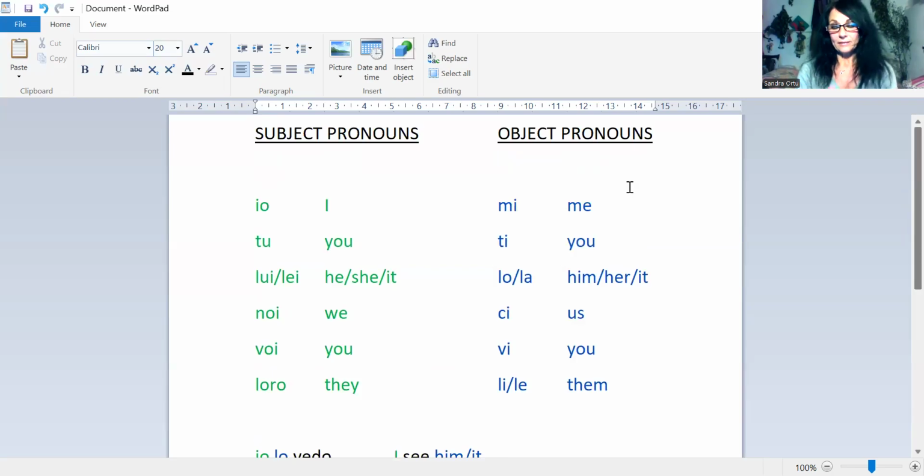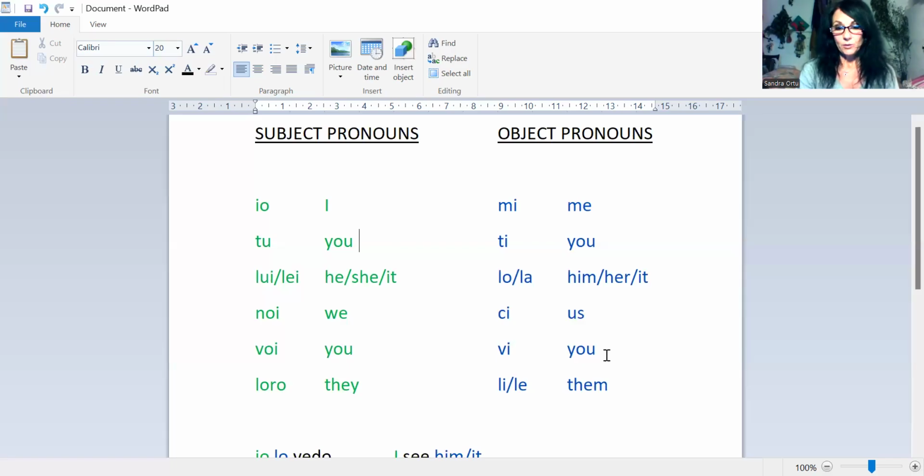So yes, as I said, that's what I wanted to do. I wanted to compare the two groups and make sure that things are a little bit clearer, and you learn how to distinguish the two groups out of context as well, but especially in a sentence, and especially, as I said, the ones that are visually the same in English.